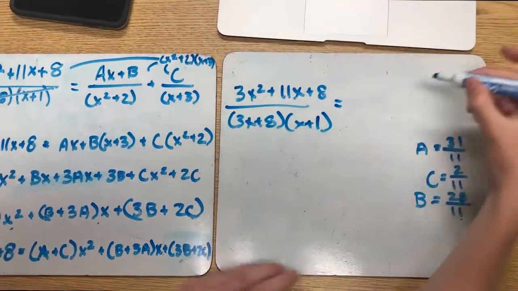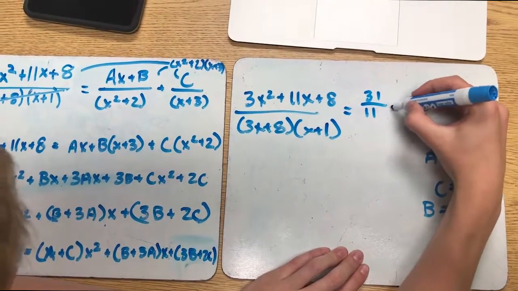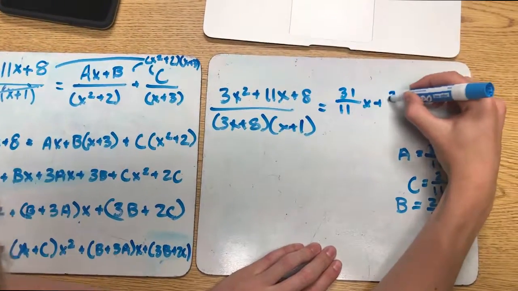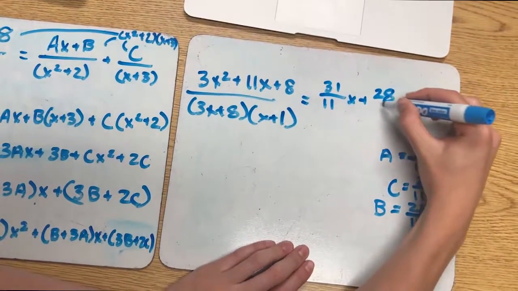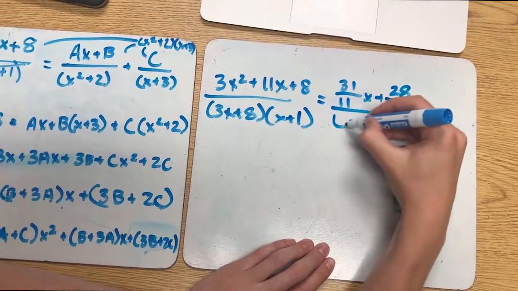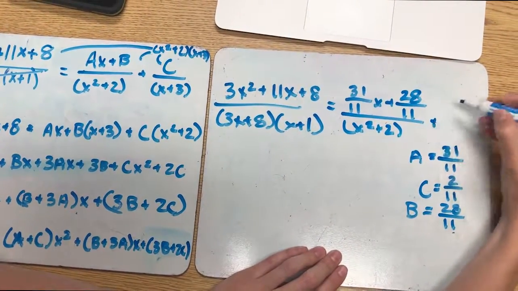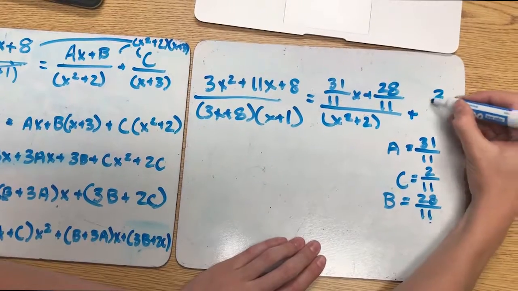So we're going to plug in 31 over 11 for A, 28 over 11 for B, and 2 over 11 for C.